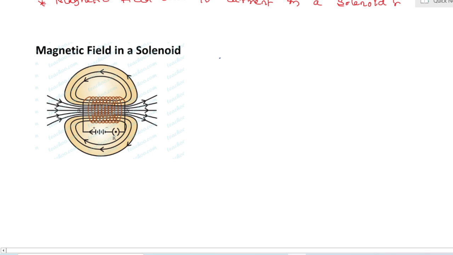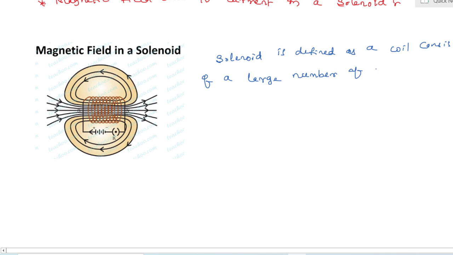Yes, it is defined as: a solenoid is defined as a coil consisting of a large number of circular turns of insulated copper wire.